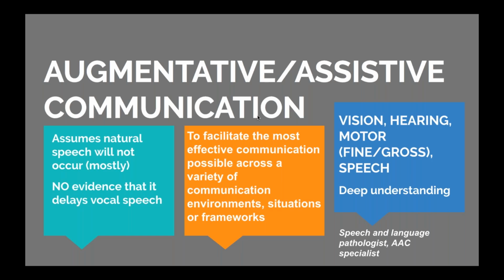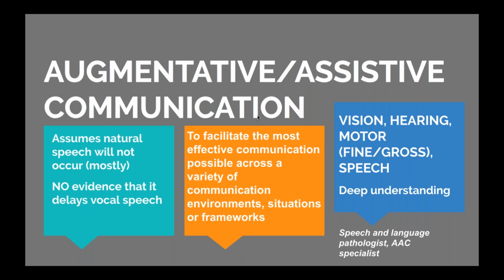If the child, for example, uses a wheelchair as the primary means of transport, we really need to understand how they move around in that wheelchair, where that assistive communication device would be placed, how we would attach it to the wheelchair, how the child's body should be placed so that they can see that assistive communication device.